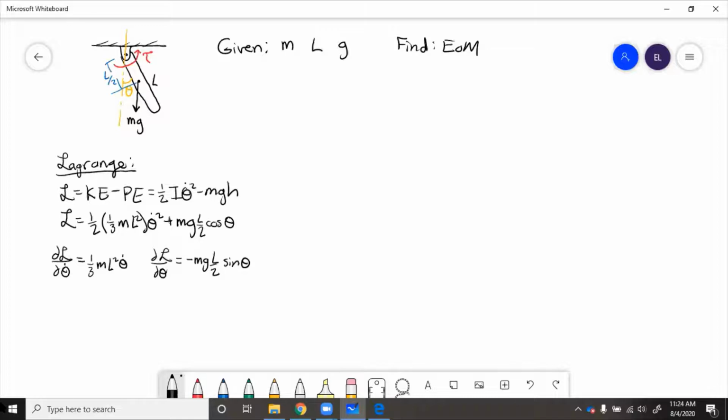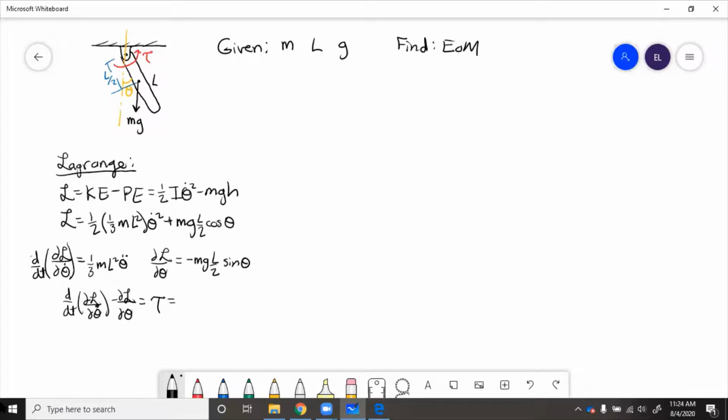So then for the velocity derivative, we have to take the time derivative. So we'll go d dt of this equals the double dot. And then finally, we just put it into the equation. d dt del L del theta dot minus del L del theta equals external torque, which is given in the problem.